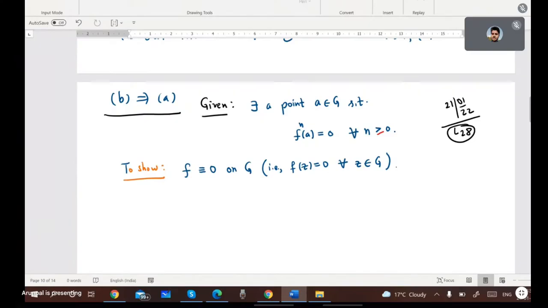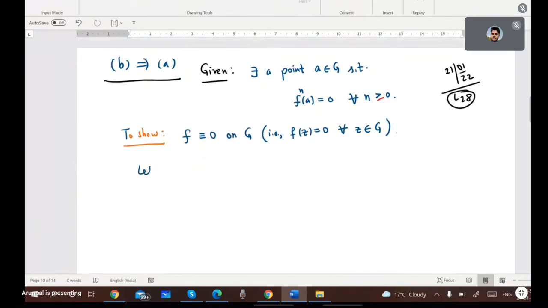I'm going to start with the following. Let us consider this set A. I'm calling this set A. What is that? Take all those z's in G at which the derivative of the function is 0 for all n greater than or equal to 0.